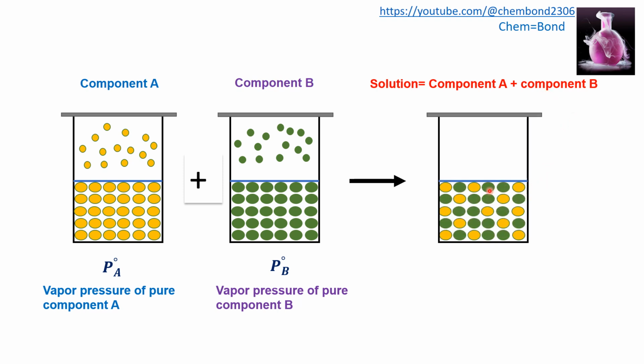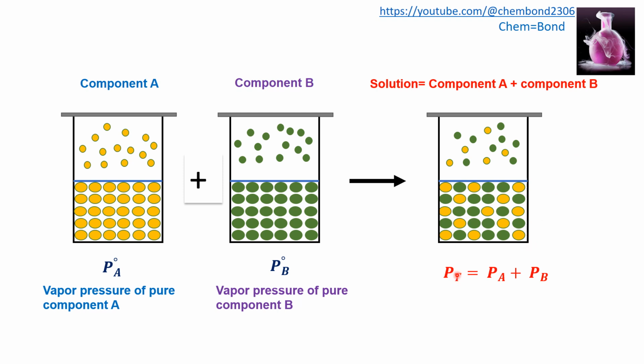Now in this solution both A and B are present. Now it is clear that both A and B are volatile, so the vapors are formed due to A and B both. So the vapor pressure exerted by A and B is equal to the sum of the vapor pressures.